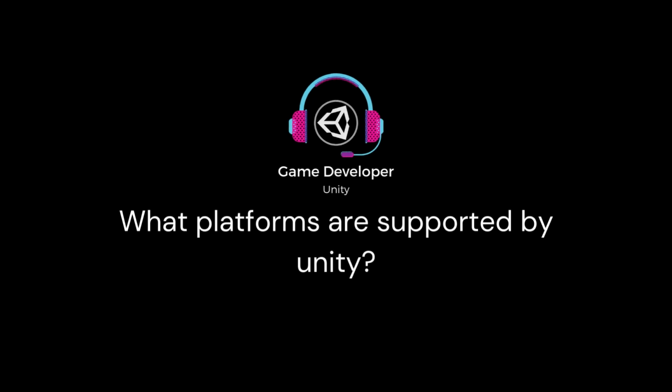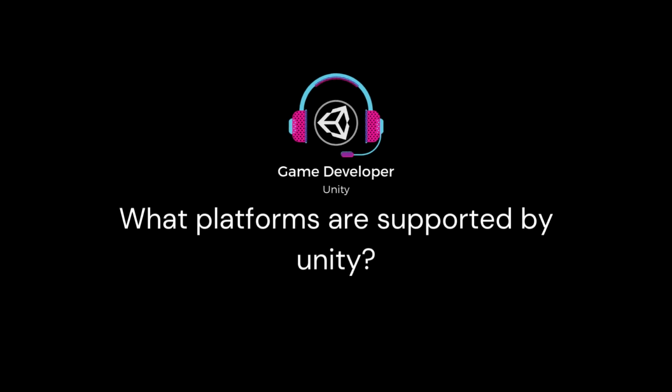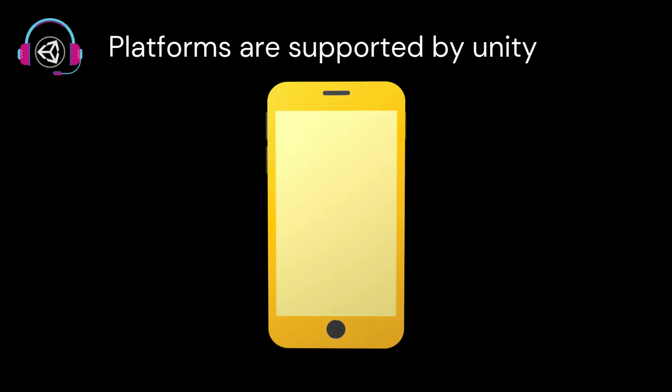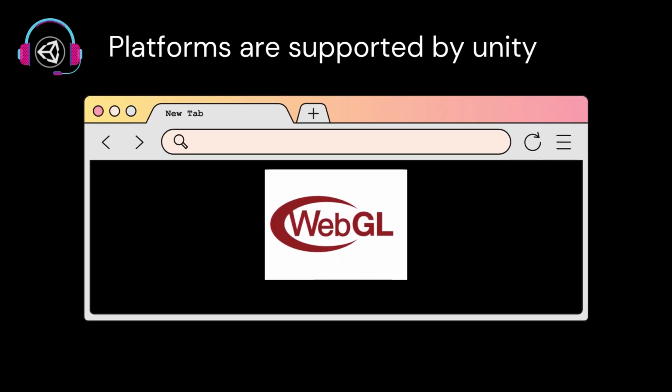What platforms are supported by Unity? Unity supports a wide range of platforms, making it one of the most versatile engines in the industry. On the desktop, it supports Windows, macOS, and Linux. For mobile, you can build for both Android and iOS. On the web, Unity supports WebGL, which enables browser-based games and applications.